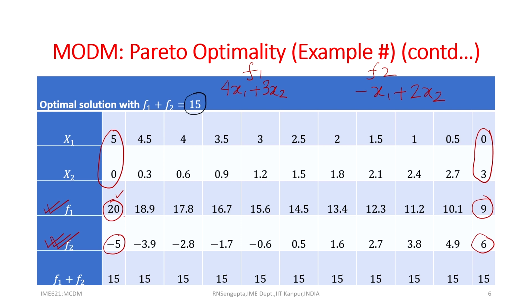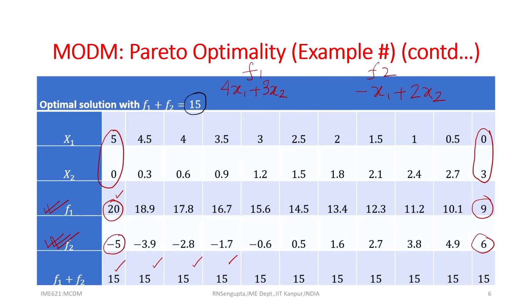Now, interestingly, if I add up these values of f1 and f2 for each corresponding value of x1 and x2, for all the points along the brown straight line, the values are 20 minus 5, 15; 18.9 minus 3.9, 15; 17.8 minus 2.8, 15; 16.7 minus 1.7, 15; and if you continue till the last point, 9 plus 6 is 15. This means that for all this set of points along the brown line, the coordinates and decision variables may be different, but the combined objective function value is the same.